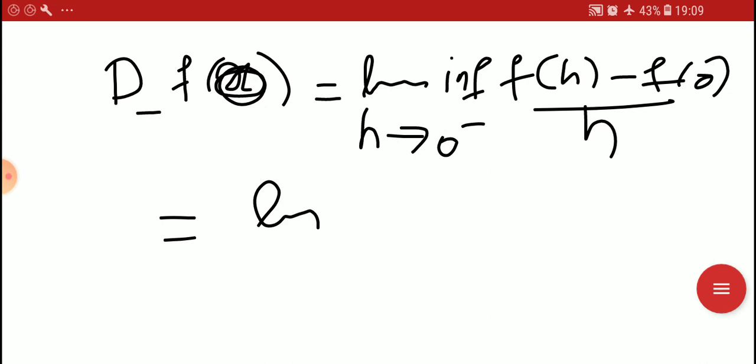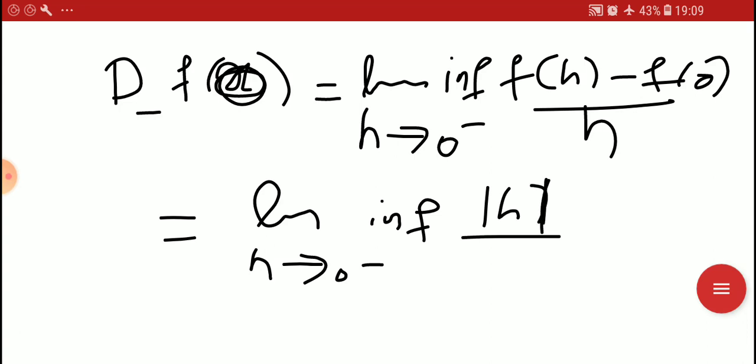That is the definition. As h tends to 0 minus, f(h) is |h|, and h lies to the left side of 0, so h is negative.